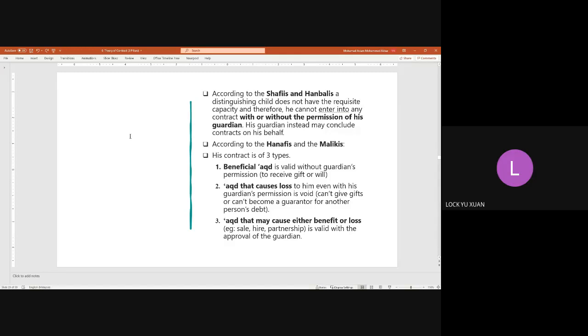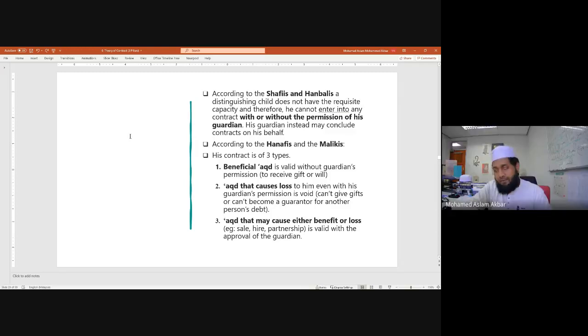Whether the child gets the permission or not, the guardian will still make the decision for them, according to Shafi and Hanbali, until the child becomes major.